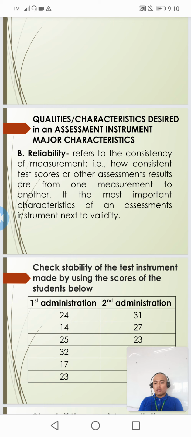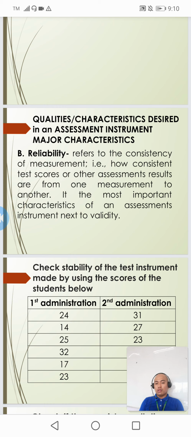So make sure that when you are giving two sets of exam, the test form that you are presenting in the first set and the test form that you are presenting in the second set are similar or parallel in nature, or they are alternate in nature. So how do we check? Pwede yung concurrent validity natin kanina.